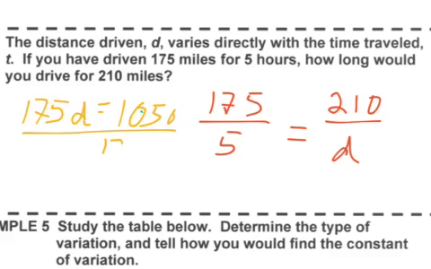Divide it all by 175, and my D term is 6 hours. And you want to get used to telling me what the units are when you can. So we would write 6 hours.